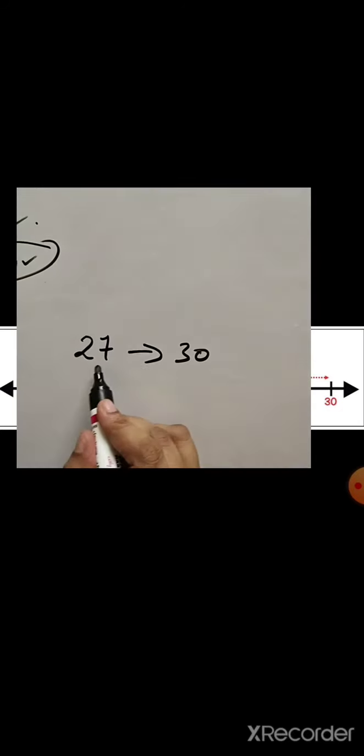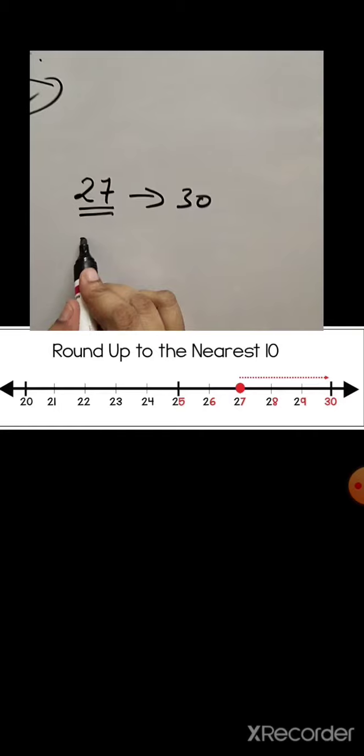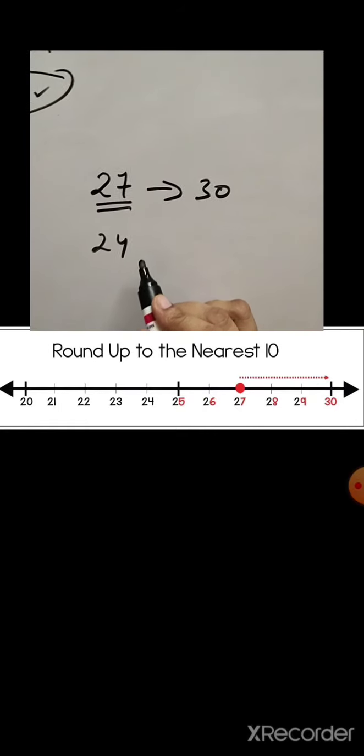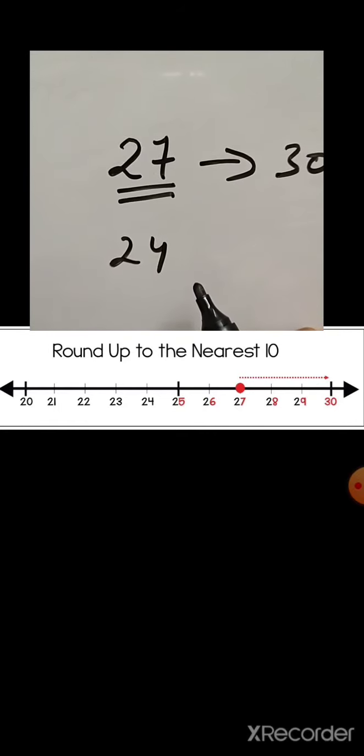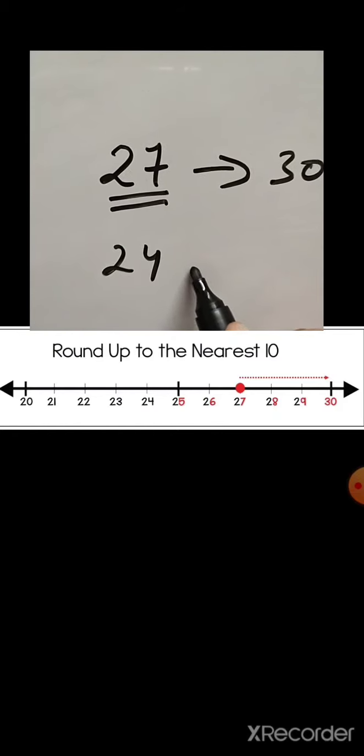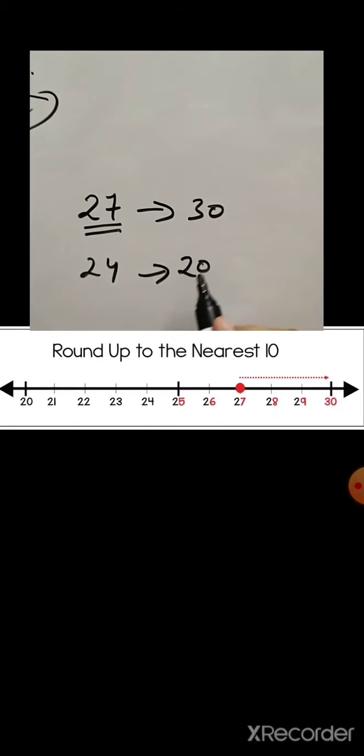So what we have done is, we have rounded off the number 27 to 30. Suppose the number was not 27 and it was 24, then it is near to 20. So it will be rounded off to 20.